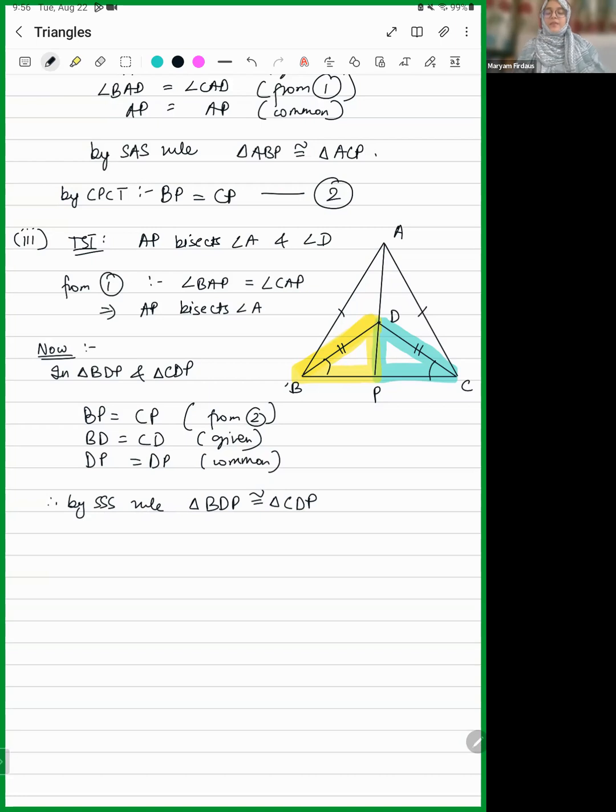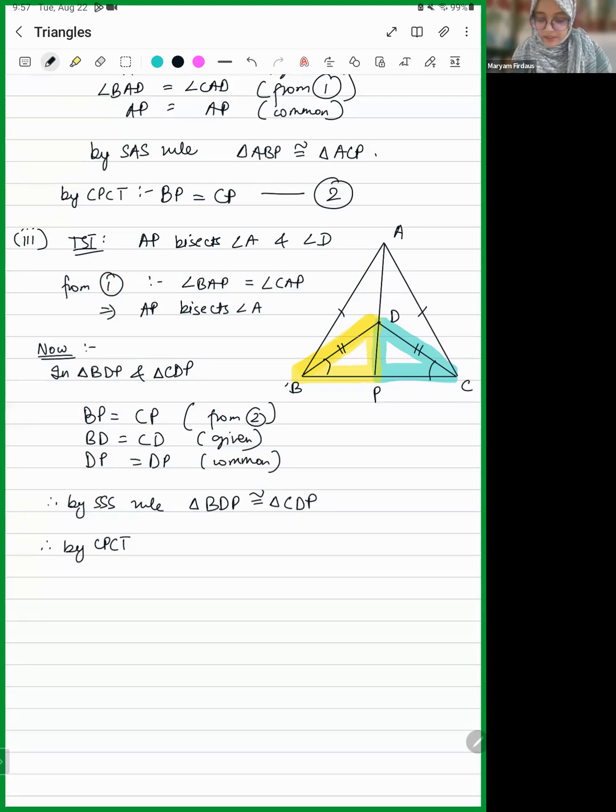Why did we show them as congruent? What were we trying to prove? Why were we doing this whole thing? That angle D is bisected by AP. Now, because of CPCT, angles BDP and CDP are equal.